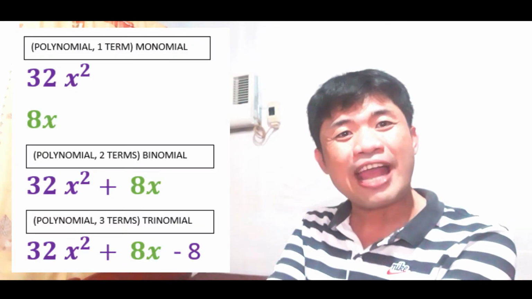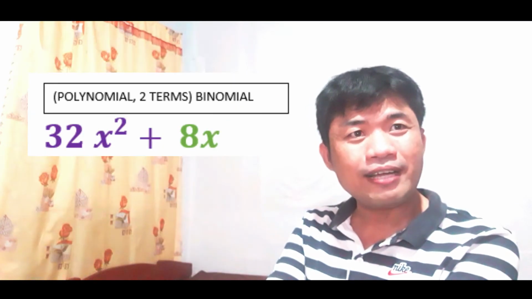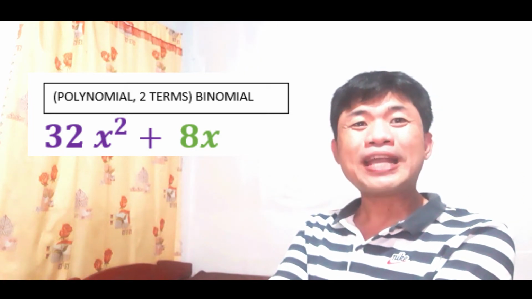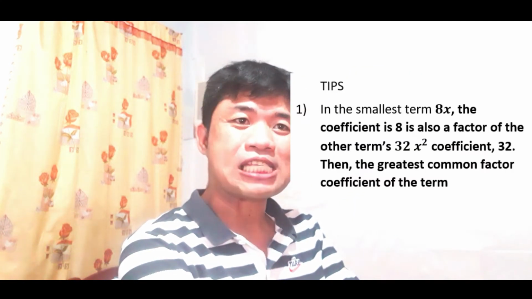Let us try to find the greatest common factor of this polynomial: 32x squared plus 8x. We can apply these tips to easily find the GCF on this. We have the parts of the term. We have the coefficient and the variable bearing exponent. 8x is the smaller term than 32x squared.